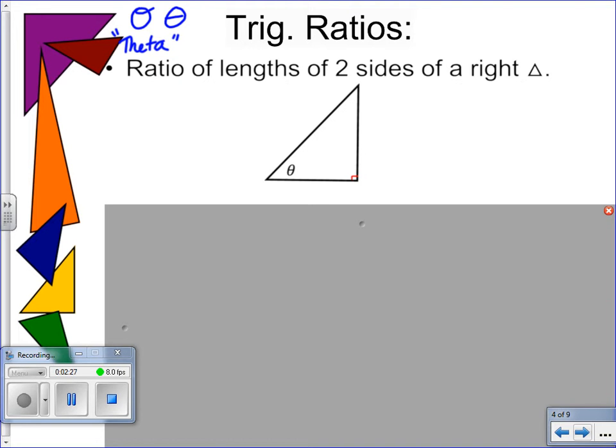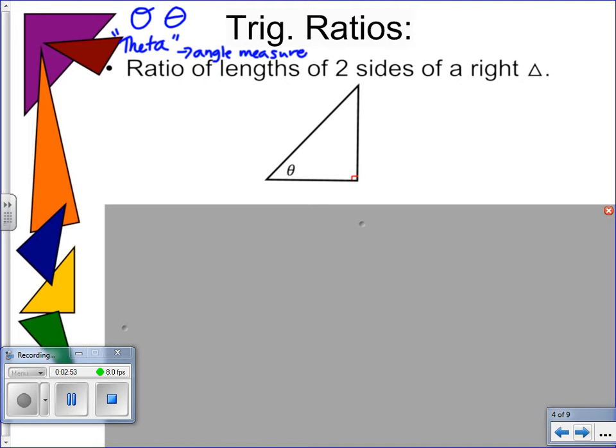It's common in the study of trigonometry to use theta to represent angle measure. So in chapter 9, anytime we come across a theta, the theta means angle measure. So you're talking about an angle.